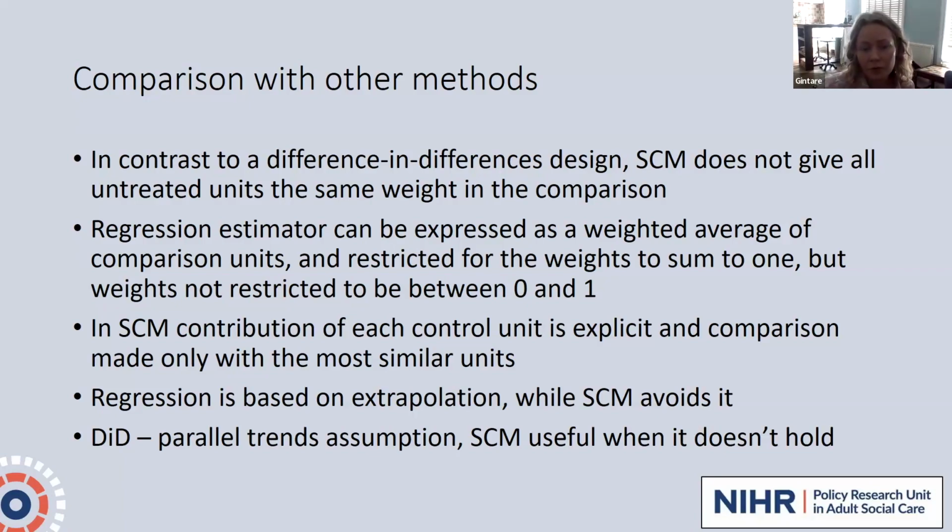In the synthetic control method, the contribution of each control unit is explicit, as shown in a previous example, and in the end it is compared only with the most similar units. Most regressions are based on extrapolation, while the synthetic control method avoids it because it only deals with the existing data. The difference in difference approach requires the parallel trends assumption to hold, while the synthetic control method does not need it.